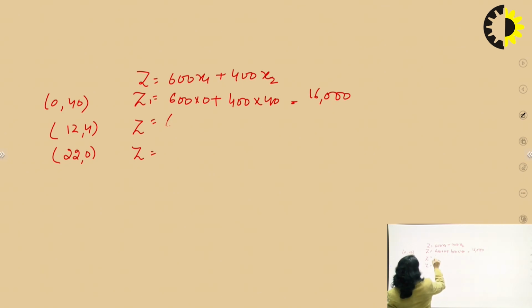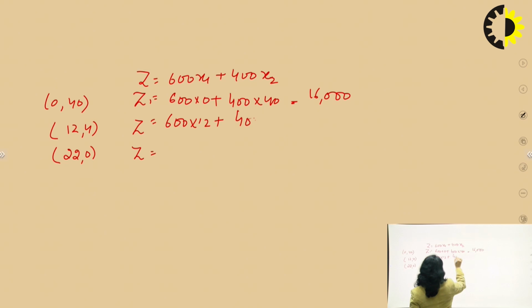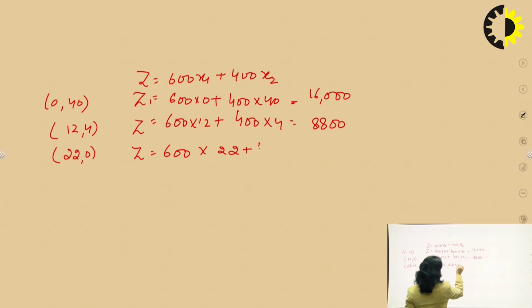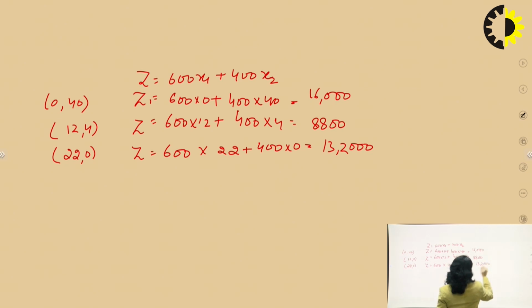And 600 into 12 plus 400 into 4 is equal to 8,800. 600 into 22 plus 400 into 0 is equal to 13,200. So these are the values of Z at the common points.